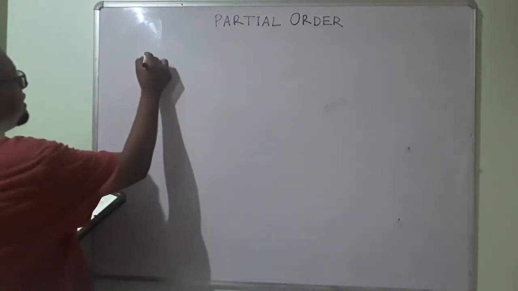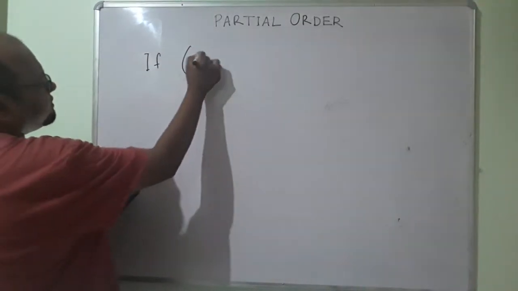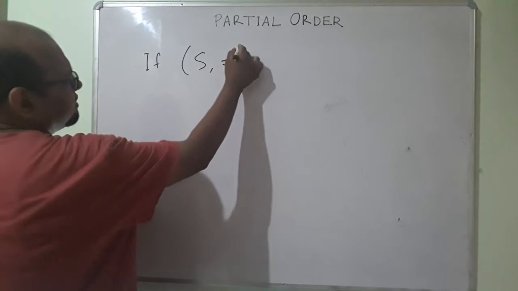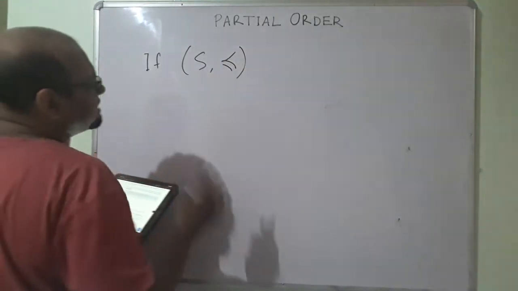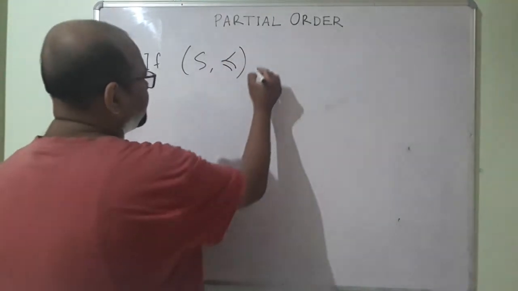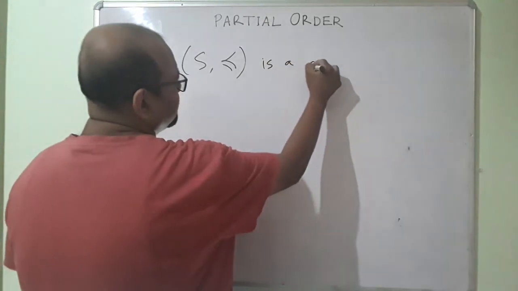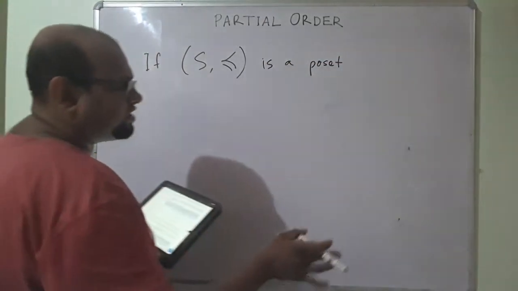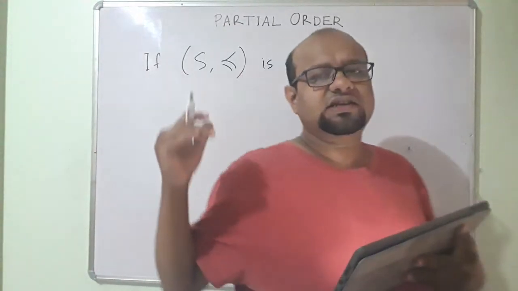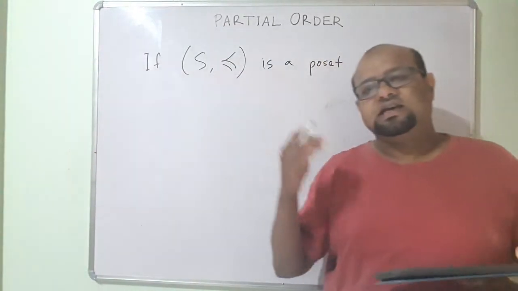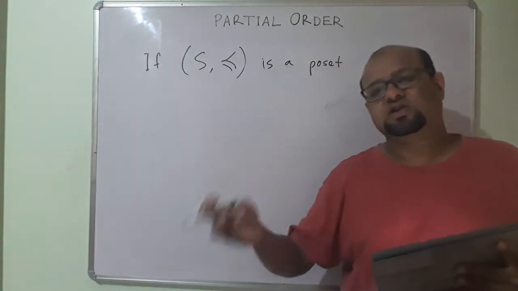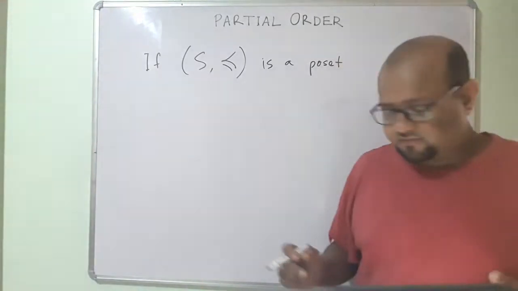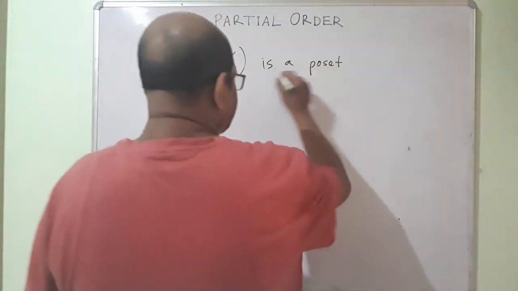If some set and some relation form a poset, that is, partially ordered, meaning under this relation the set is reflexive, antisymmetric and transitive, then it is a poset, right?